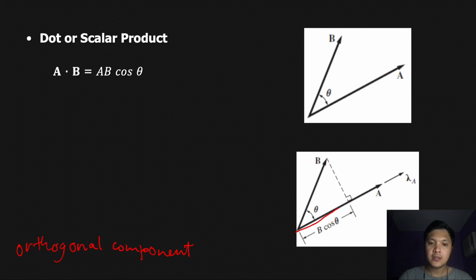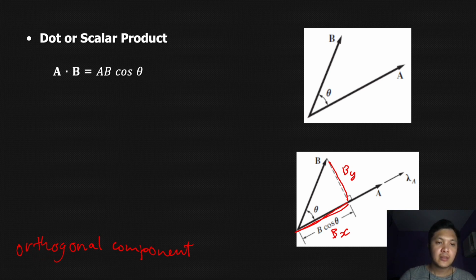This one is bx, and then this is by, although it's not necessarily on the x-axis and on the y-axis. I just use it to differentiate the two. Again, bx is the orthogonal component that is parallel or has the same direction with a, while by is the orthogonal component which is perpendicular with a.